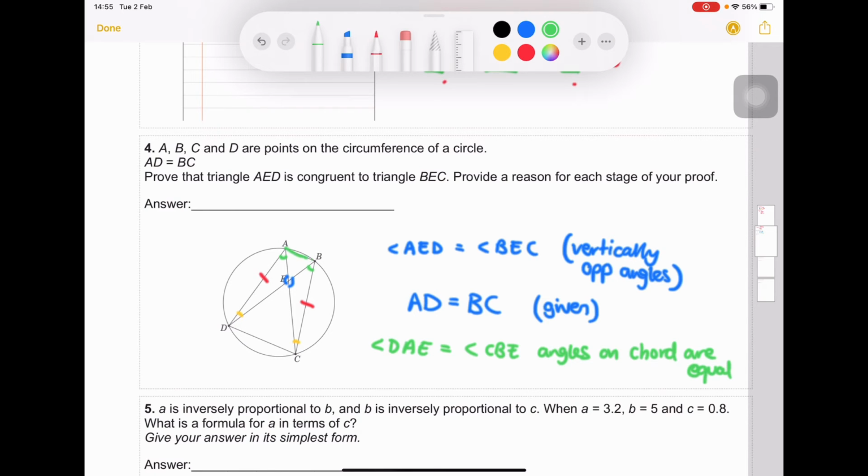This is the chord I'm talking about. ADE equals BCE. Same reason as above. And here I'm talking about this chord.